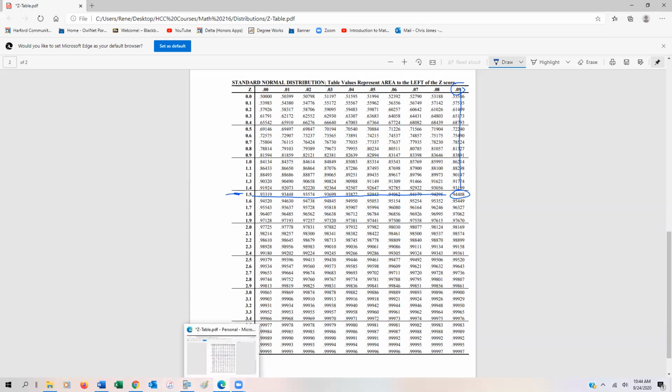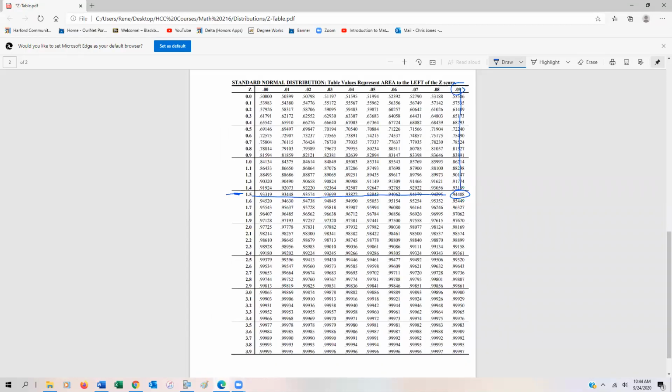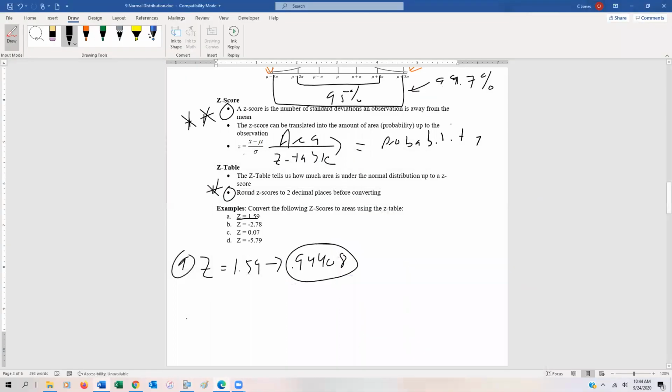All right, so just making sure you understand what that means. I forgot the number already, but it was 0.94408, I believe. I'm going to go back and check it just to make sure. So 0.94408.